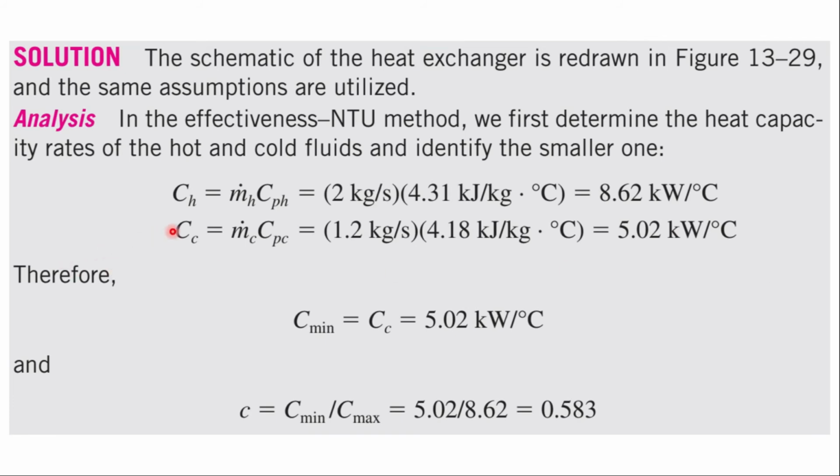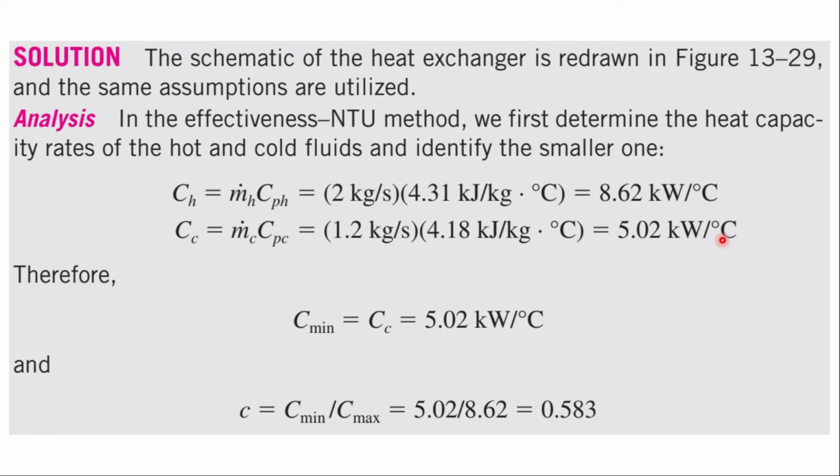So how can we determine the heat capacity rate? For the heat capacity rate of the hot fluid, we just multiply the mass flow rate and the specific heat. After multiplying, we will get the value of the heat capacity rate, which is 8.62 kilowatt per degree centigrade. Similarly, the heat capacity rate for the cold fluid is the multiplication of the mass flow rate and the specific heat, and after multiplying the values, you will get 5.02 kilowatt per degree centigrade, right?